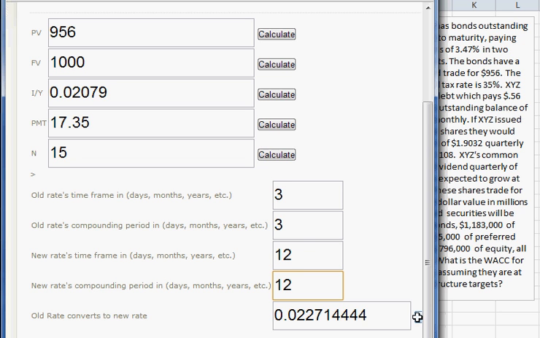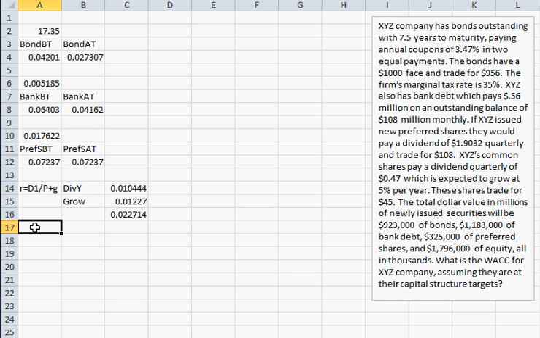So why did I take the growth rate from annual to quarterly and back to annual? Because we need the units to match before we do any addition. Since we needed to add the dividend yield to the growth rate, we need to get them in the same units. So there's our required return on the stock. This is common stock before tax. And so common stock after tax is equal to before tax, because dividend payments to shareholders are not tax deductible.